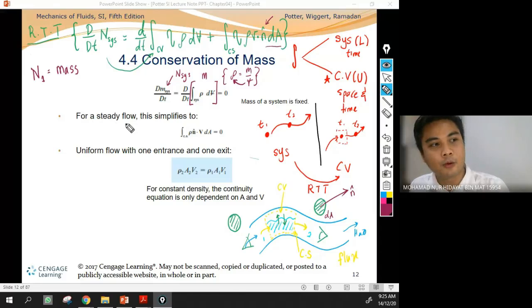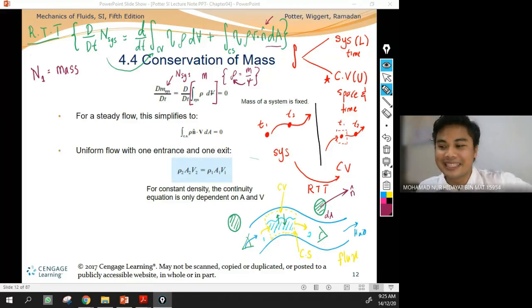for a steady flow, this simplifies to, remember, what is steady? What do you understand of steady flow? Steady flow means that for any property, whatever temperature, pressure, viscosity, the mass flow will not change with time.